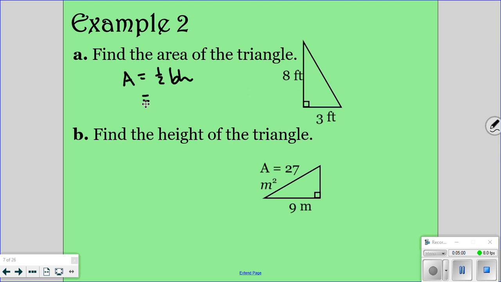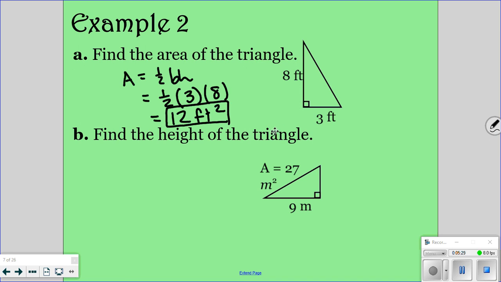So on our triangle, the base is 3 and the height is 8. So 3 times 8 is 24, and then half of 24 is 12. And then on area, the units are always squared. So our units are going to be feet squared. So the area for this triangle would be 12 feet squared.